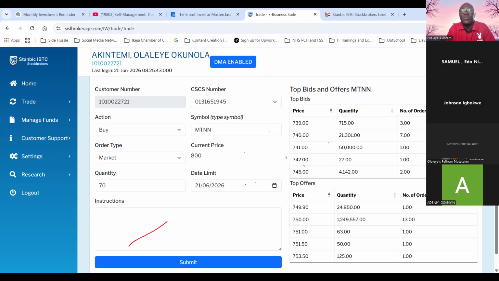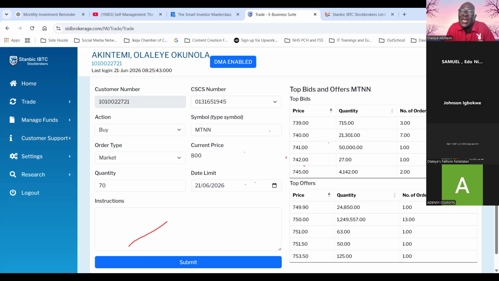But yeah, if I have to keep putting a balance of 5,000 naira in Bamboo, I don't really like that. Again, if you have seen my post on the Smart Investor Telegram group, I bought even 1 unit of MTN on Stanbic.